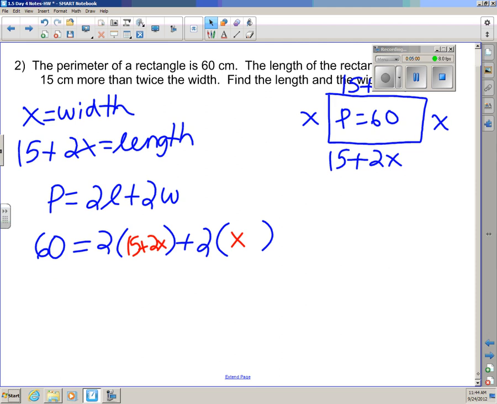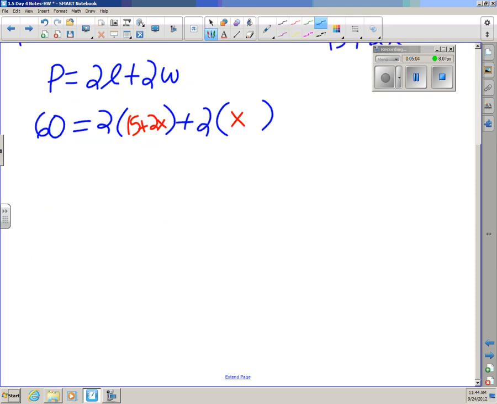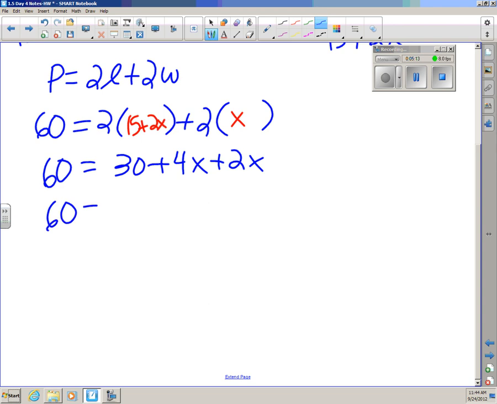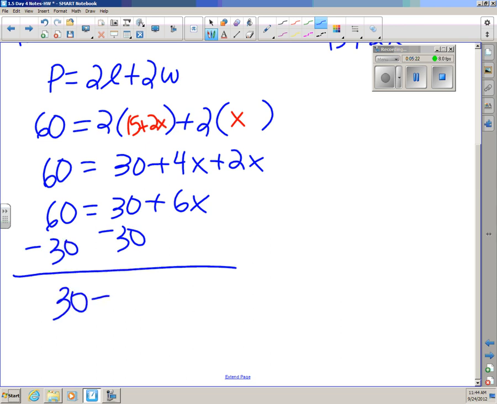So now as I start solving this problem, I have 60 equals 30 plus 4x plus 2x, or 60 equals 30 plus 6x with combining like terms. Subtract 30 on both sides. 30 equals 6x.